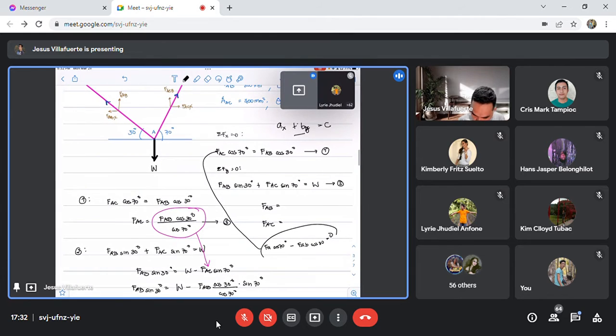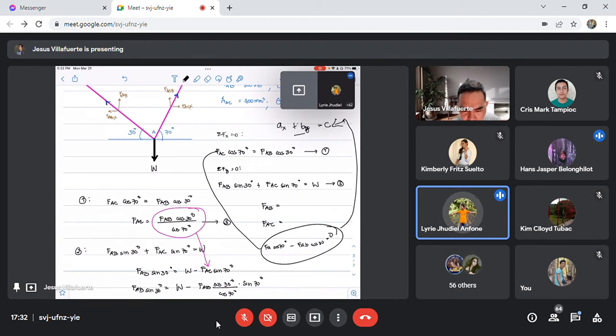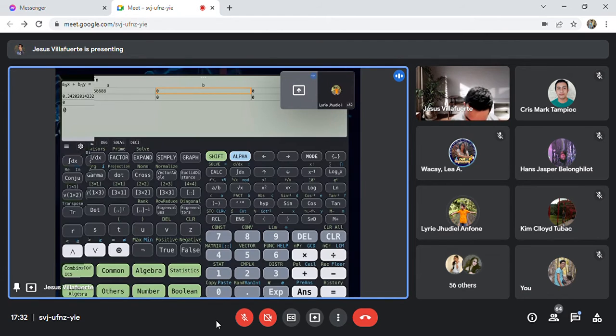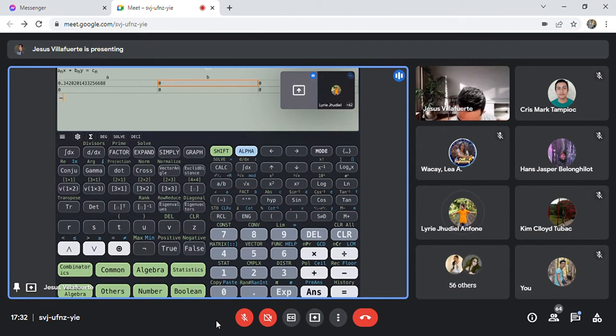If we write it this way, you will be in this form. If you transpose, the right side should be constants. Class, do you understand? So I input negative cosine 30.